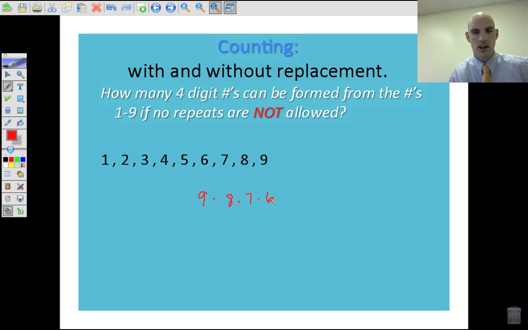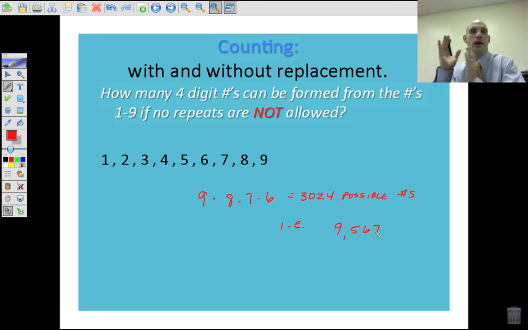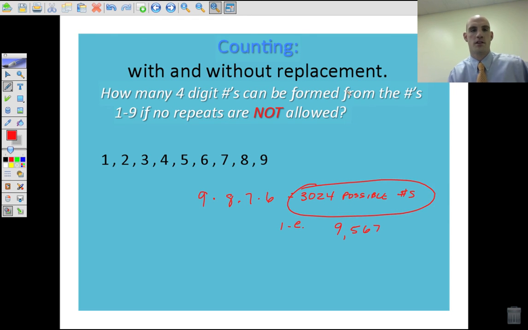And so what we're left with is 3,024 possible numbers, for example 9,567. You couldn't have 9999 because there's no replacement. There's no repeats allowed. So there's 3,024 possible numbers.